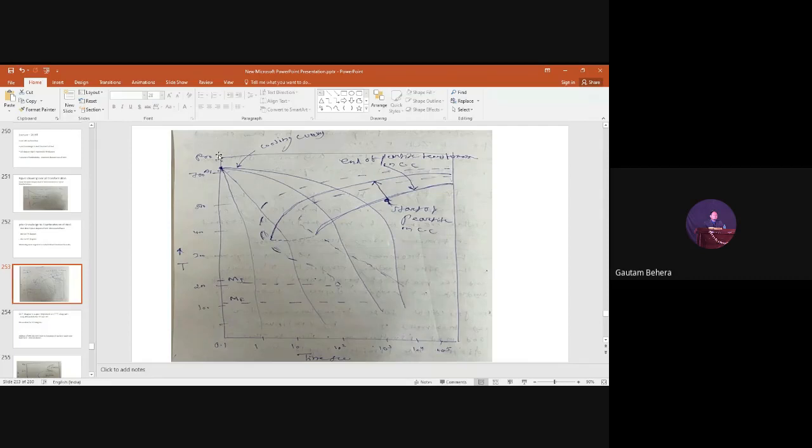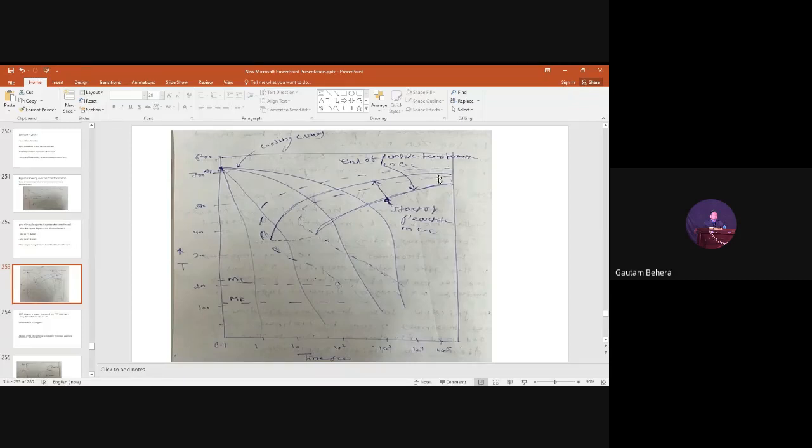This is the temperature axis in degree centigrade, and this is the time axis in seconds. So this is the TTT diagram. This is the transformation start curve, and this is the transformation finish curve.